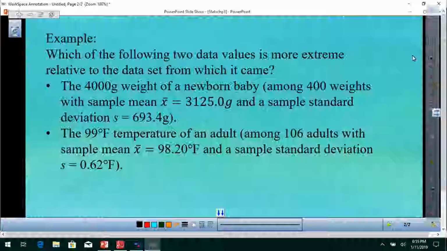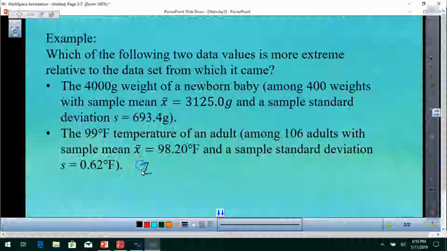We'll compare it to the temperature of 99 degrees Fahrenheit of an adult among 106 adults with a sample mean of 98.2 degrees Fahrenheit and a sample standard deviation of 0.62 degrees Fahrenheit.